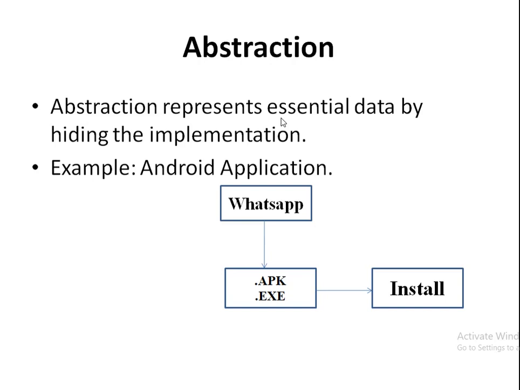We only concentrate on the applications which we install by that APK format. The example for abstraction is this: hiding the APK format and only concentrating on installed applications. Hope you all understand.